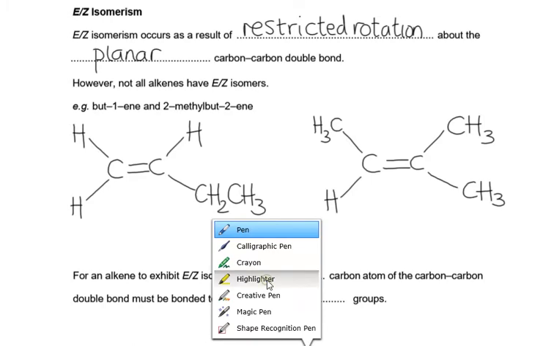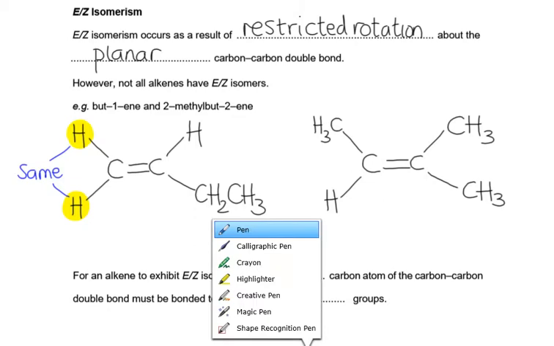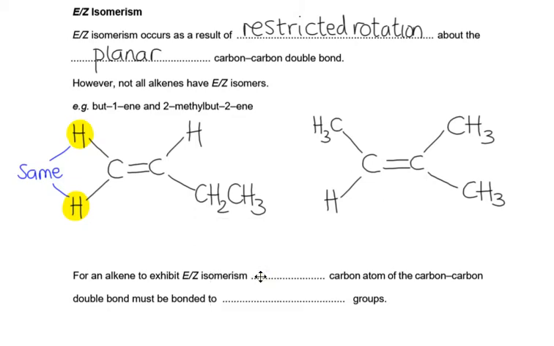So if we were to look at but-1-ene, we can see the left-hand side carbon has got two hydrogens attached. These two are the same, and therefore, whether you could rotate or not, you will not get a different structure. And in our structure of 2-methylbut-2-ene, we've got a methyl group.